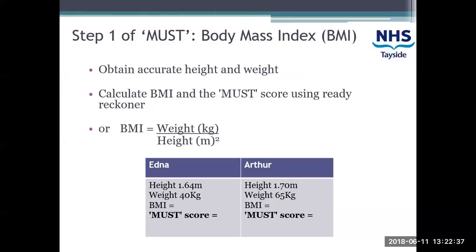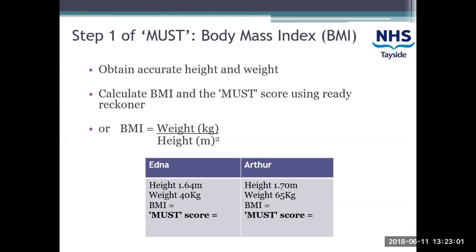To calculate your height squared, for example, we'll use Edna. Her height is 1.64 meters. To calculate the square of that, you times it by itself again, so 1.64 meters times 1.64 meters.